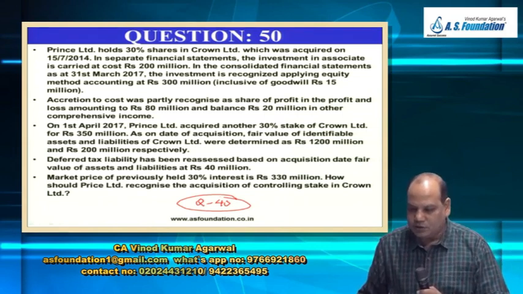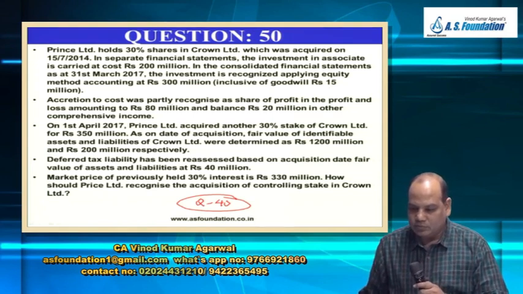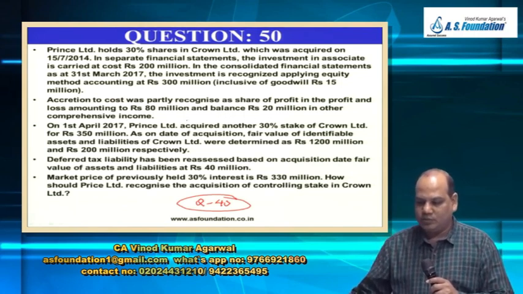In the CFS on 31st March 2017, investment is recognized applying equity method accounting to rupees 300 million, inclusive of goodwill of rupees 15 million. Accretion to the cost was partly recognized as a share of profit in the profit and loss account amounting to 80 million and balance 20 million in OCI.